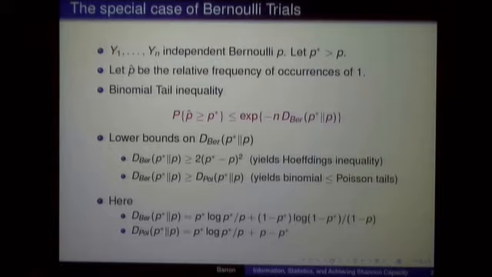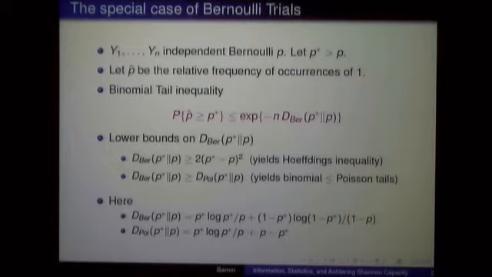And other bounds that you may have seen in other contexts, and that have their own histories, are consequences, like Hoeffding's inequality for sums of bounded independent random variables, because the Bernoullis form the extremal case. And you can also handle here not identically distributed.